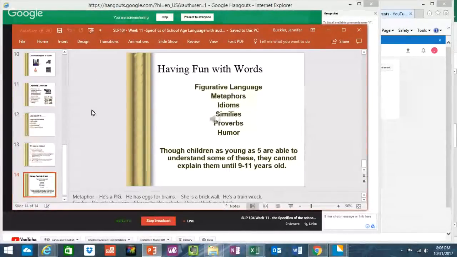As far as moving on into figurative language, remember language, or vocabulary, starts very concretely. Then it moves into a more abstract language. And so it really is in the later part of adolescence, 11, 12, 13, even 14, 15, 16 years old, where figurative language becomes something easily understandable. But children as young as 9 and 11 can explain figurative language through metaphors, idioms, similes, proverbs, humor.